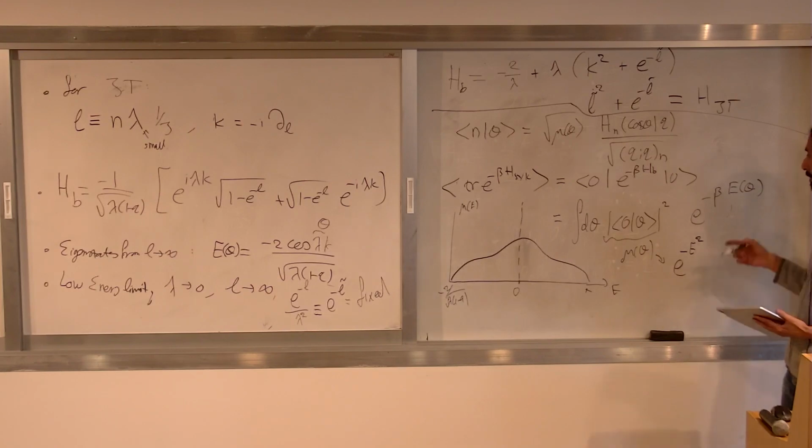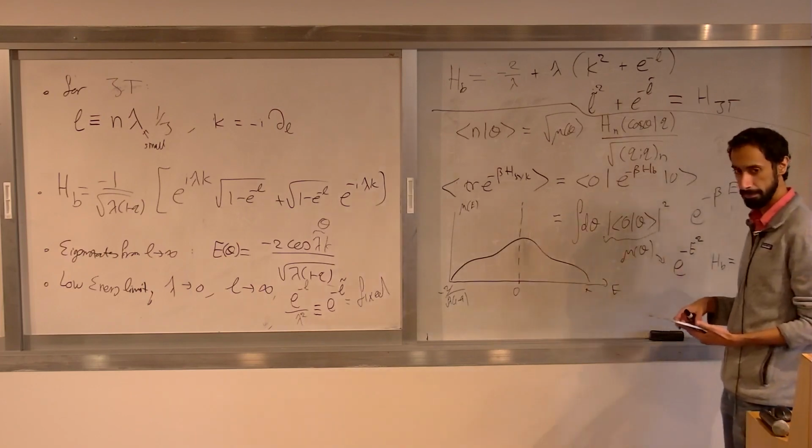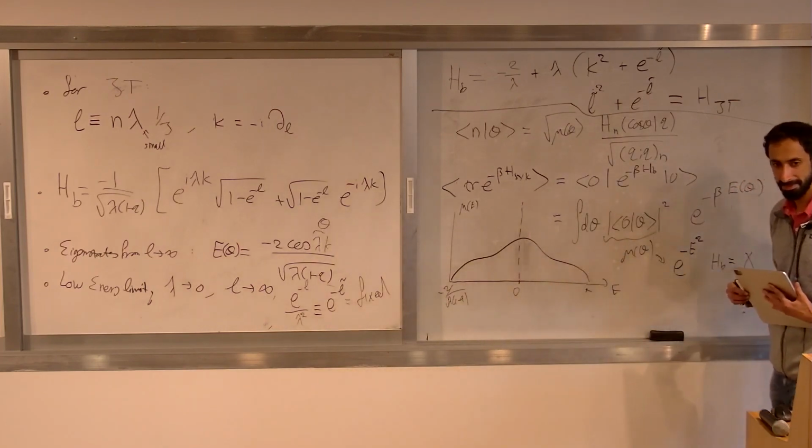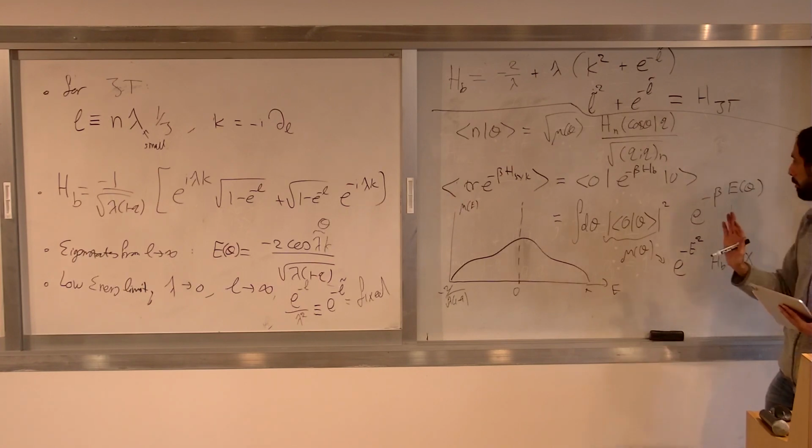The Hamiltonian is just the X operator of the harmonic oscillator. That's all it is. I'm confused. Here you say the Hamiltonian is the X coordinate, but in this formula, theta is the X coordinate of the harmonic oscillator. Yes. Not quite.